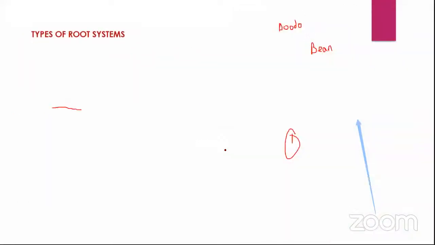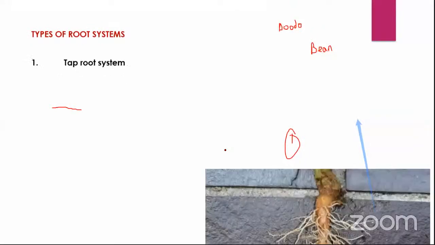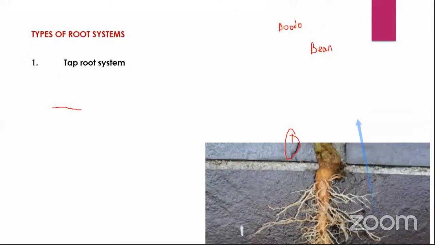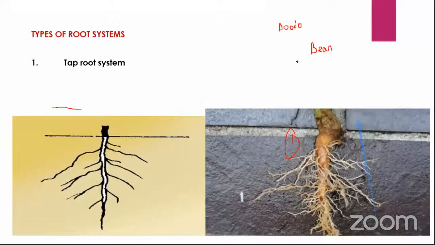Then, looking at the root system, we began with the taproot system, and I gave an example of the pigweed. Pigweed, commonly known as dodo in Luganda. For some of you who understand the Luganda dialect, it's called dodo, and this is the root which I was able to get. Okay, and then from there we can also look at the fibrous root system.